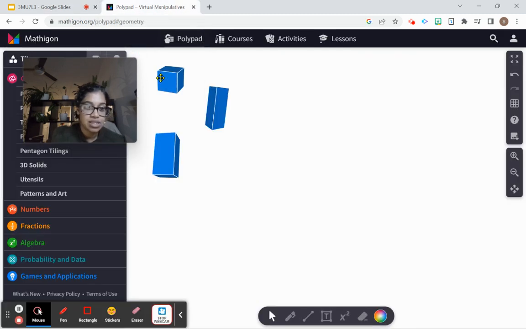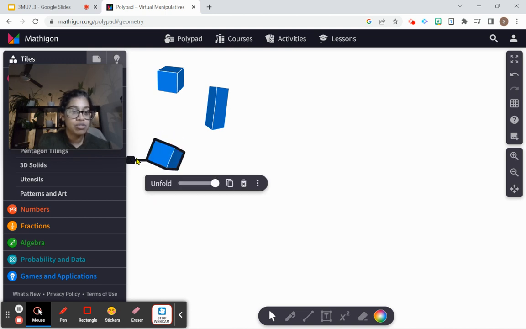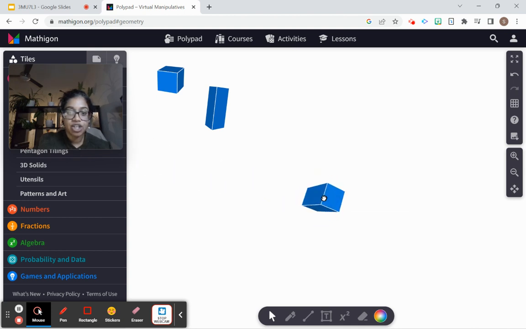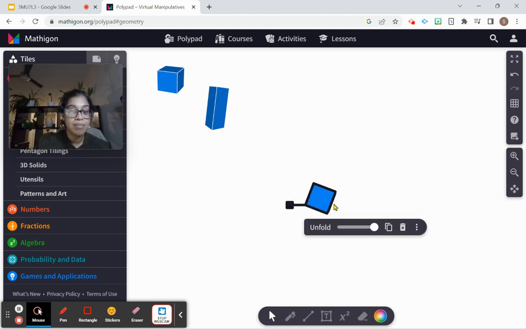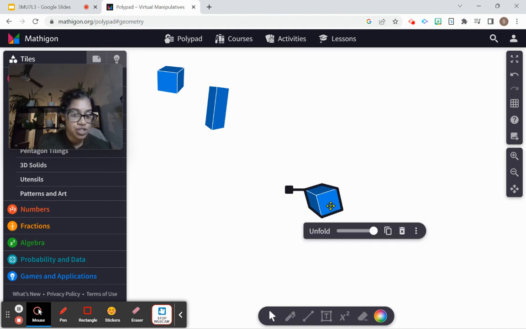Before we get into our last couple shapes, let's look at some examples of our prisms. Over here, we have a couple of shapes. Let's first look at this one right here. Let me move this one over a little bit. This shape is a rectangular prism. Why is it a rectangular prism? Because the top of it is a square, a special type of rectangle, and the bottom of it is also a square.